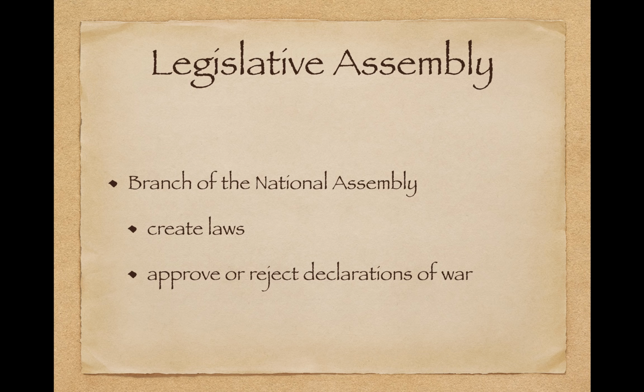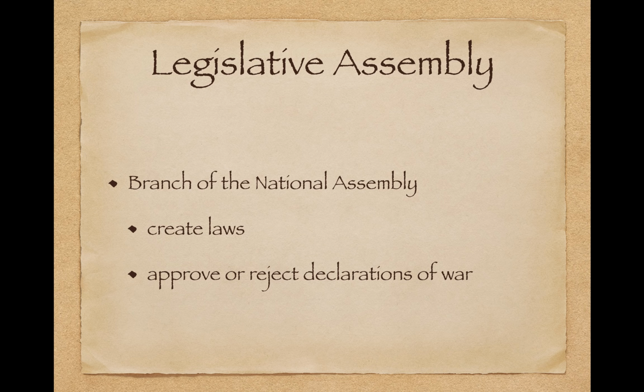So what ends up happening is that the National Assembly branches off and creates a new part of their government that is known as the Legislative Assembly. And the Legislative Assembly is like our Congress here in the United States. They do two things.